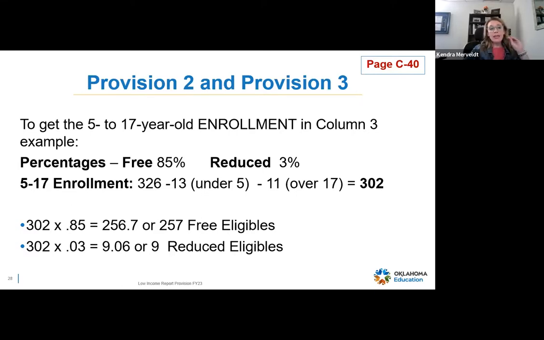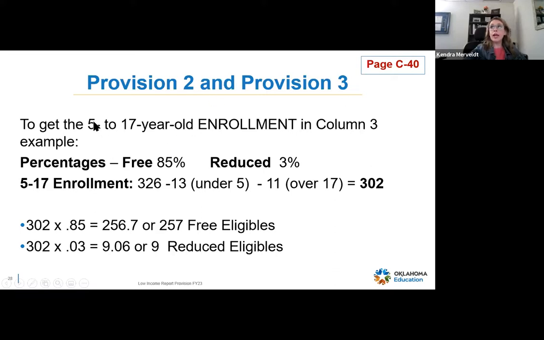If they turn 18 in the month of October, they can also be put in the 5 through 17, because they were 17 during October. So again, we had the 326, took out the 13 for under 5 and the 11, which gives us the 302.